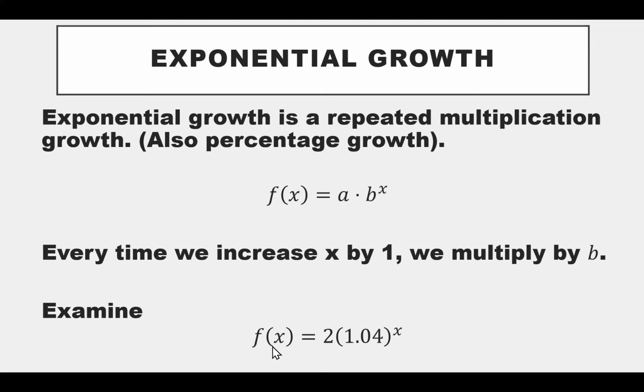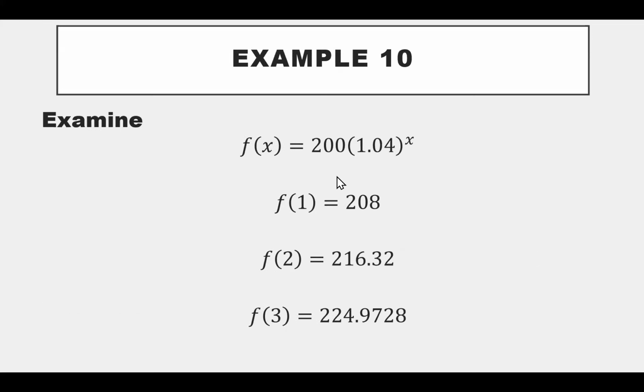So let's take a look at this function we've seen earlier, 2 times 1.04 raised to the x power. Or in this case, I put 200 times 1.04 raised to the x power. So let's actually do that instead.